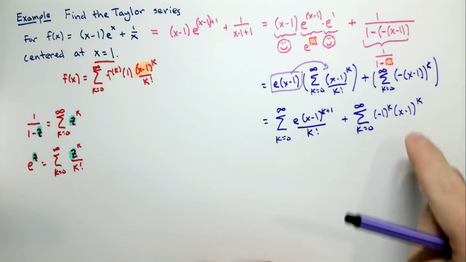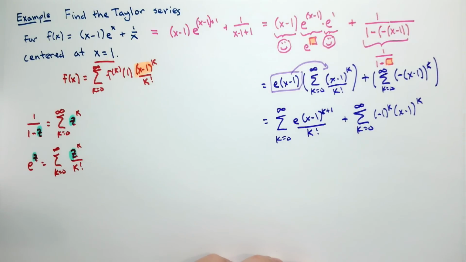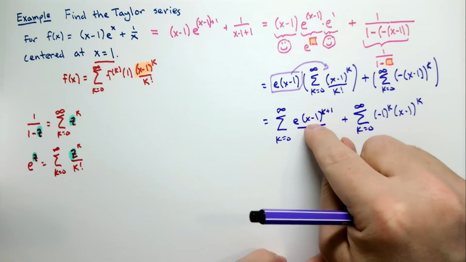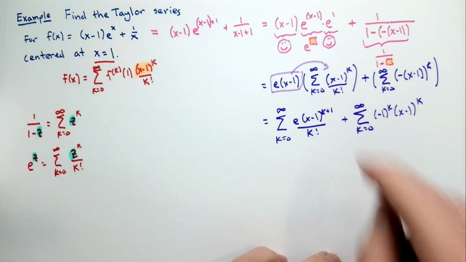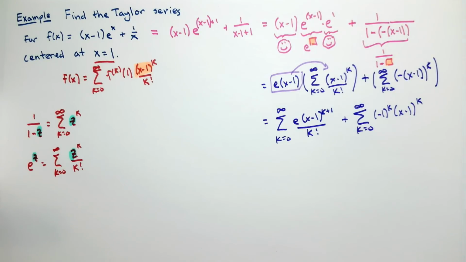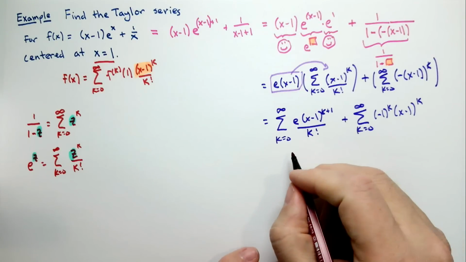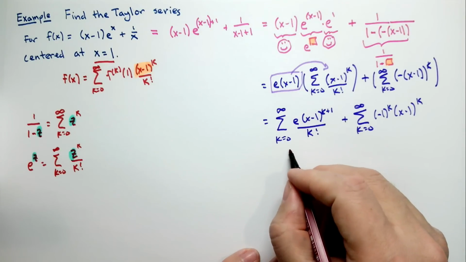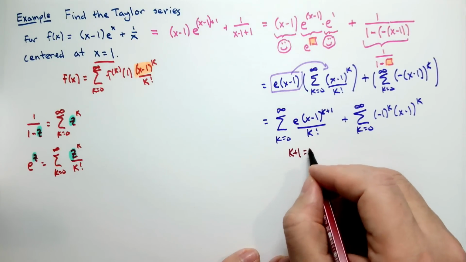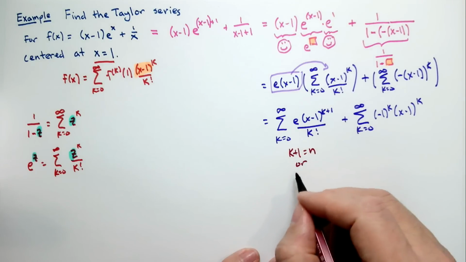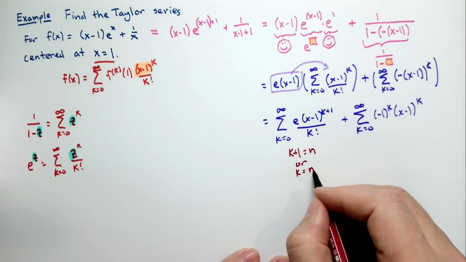Now, this x minus 1 to the k, beautissimo, exactly the kind of sum we want. It's spot on. Here, it's x minus 1 to the power k plus 1. Not quite right. So we need to do something here. So the something that we're going to do is do a shift. So on our first term, well, we'll let k plus 1 equal n, or if you like, we can say k equals n minus 1.